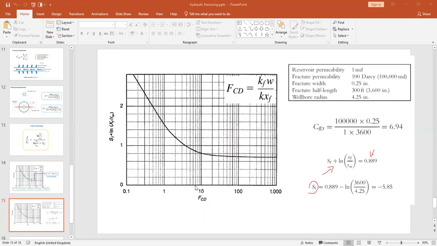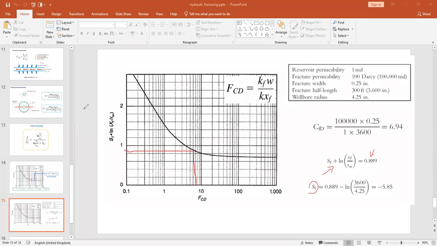It is 6.98 sorry, it is 6. So the 6 could be somewhere around here, like this. Then you take it up, and wherever you meet this curve, you take it in this direction, and then you read this value.